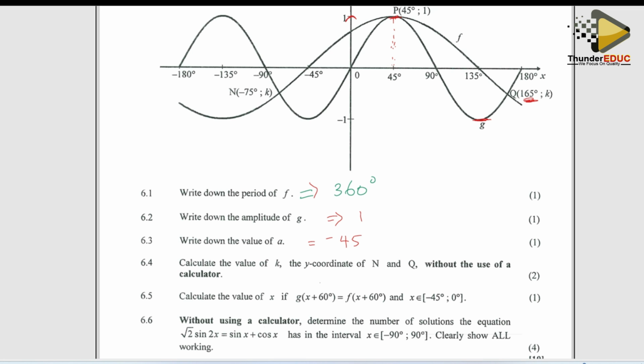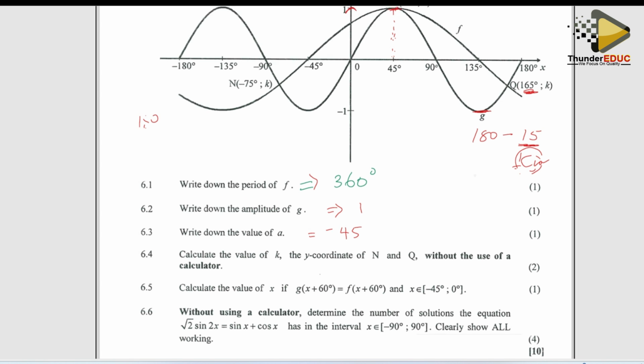When I look at quadrant number 2, that's going to be like 180 minus 15 to give me 165. But we know that 15 is a half of 30. So there has to be a link. There has to be a link.